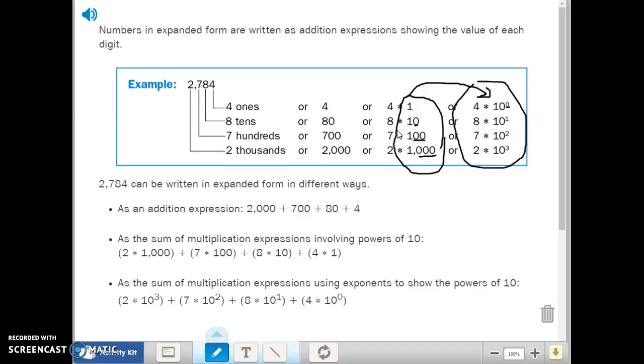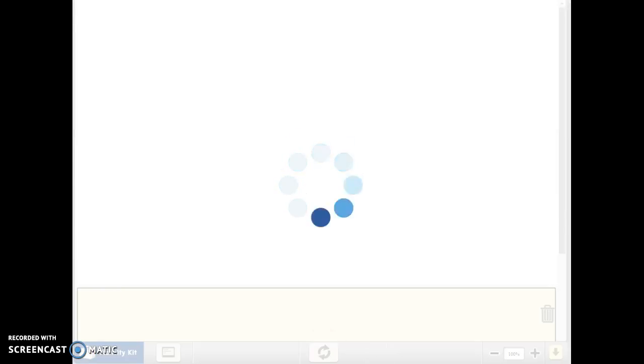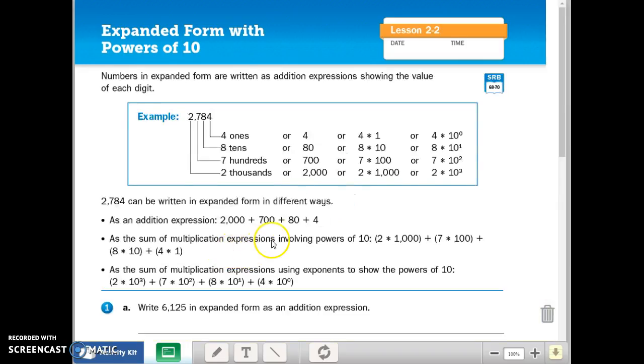This is going to be something that you'll do in part C on this page. You're going to have to write this in exponential notation. That's essentially what they're asking you to do here. But that expression, again, it just ends up being written a little bit different. Looks kind of, in a sense, like this when you get crazy with it. But when you do your assignment, it'll look a little bit different.